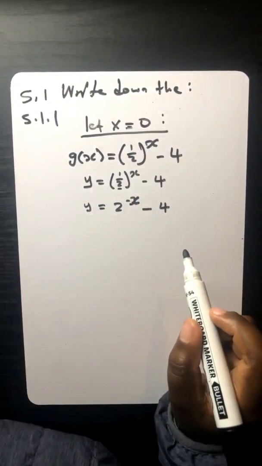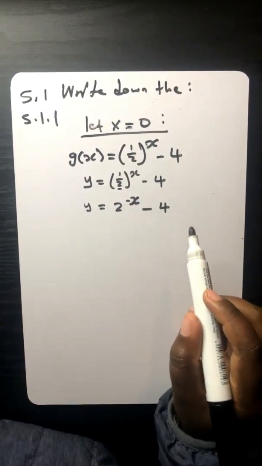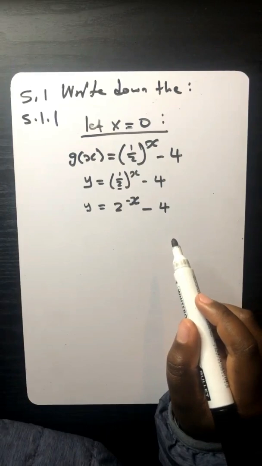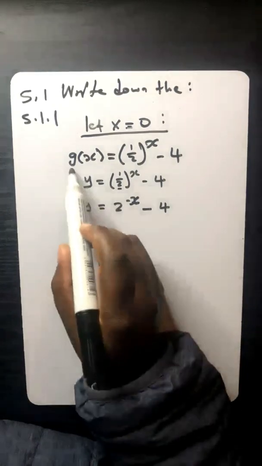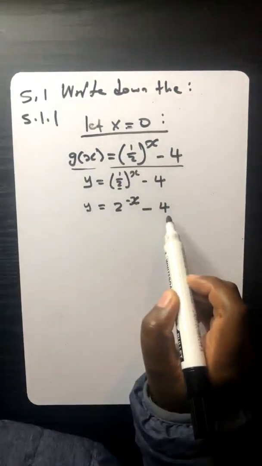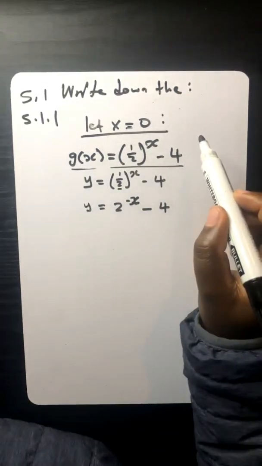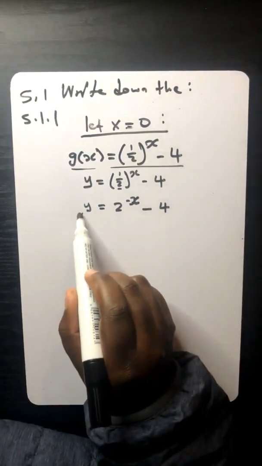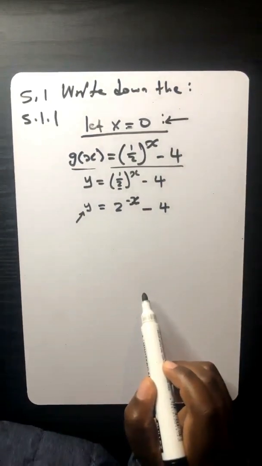Who was it? Was it Lerato? Whoever was speaking said we have to consult with Bra George. So this is the shop for Bra George. What are we looking for in George's shop? I think we are looking for y because we said let x equal 0.